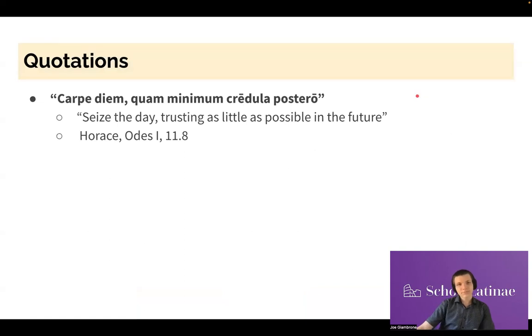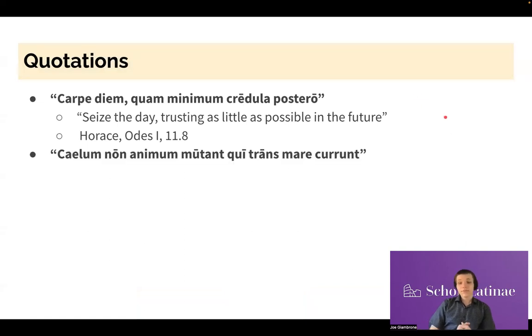And another quotation we have, if you are part of the National Junior Classical League, NJCL, and you were at the 2023 convention, this was the theme of that convention, caelum non animum mutant qui trans mare currunt.